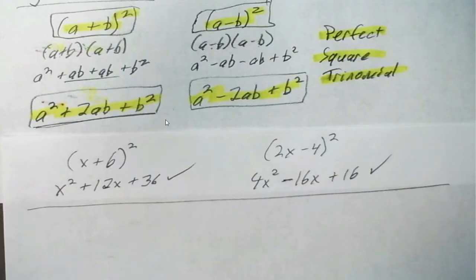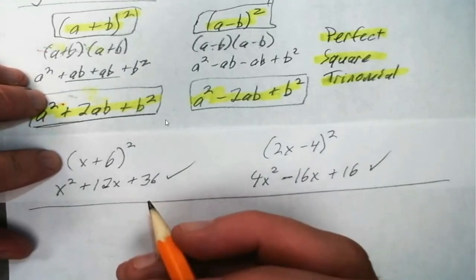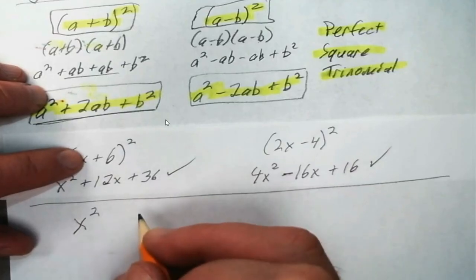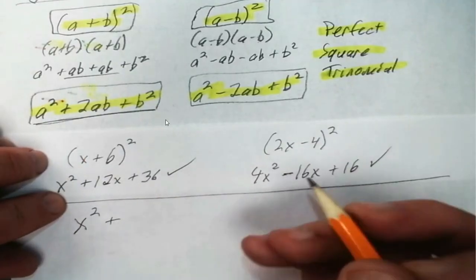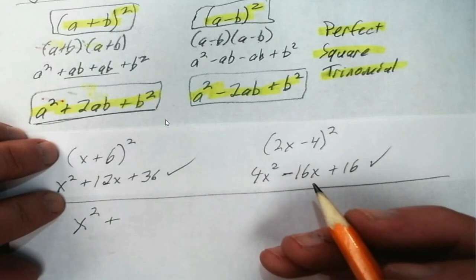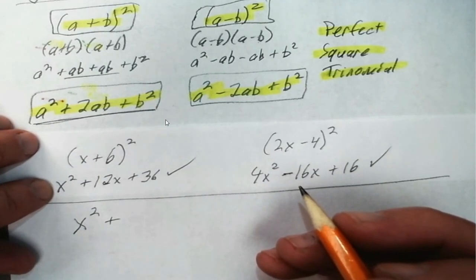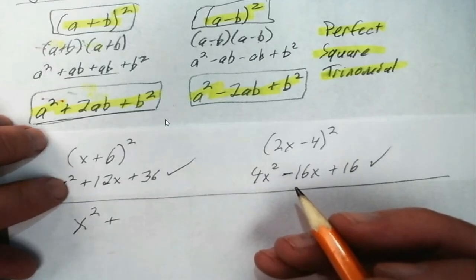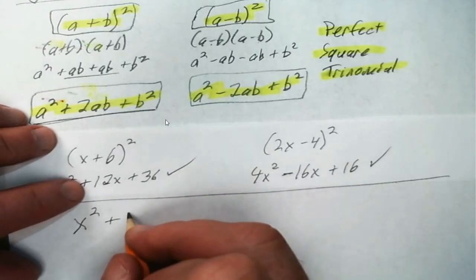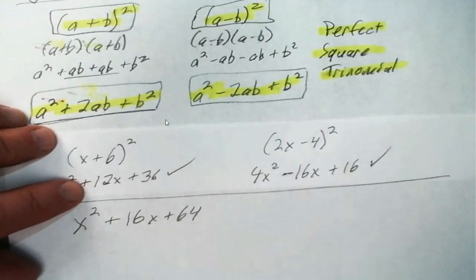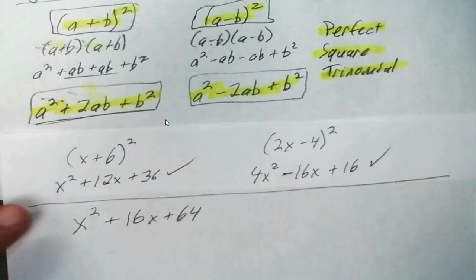Now, the harder part is working backwards. All right. So if I say, okay, factor this: x squared plus 16x plus 64. Factor that.